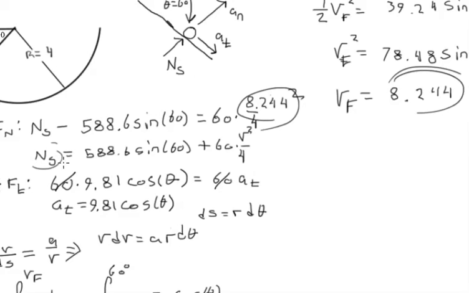N sub s equals 588.6 times the sine of 60 degrees plus 60 times v squared, which is 8.244 squared, and then you divide that by 4, and you are going to get a total normal force at this point of 1,529 newtons.